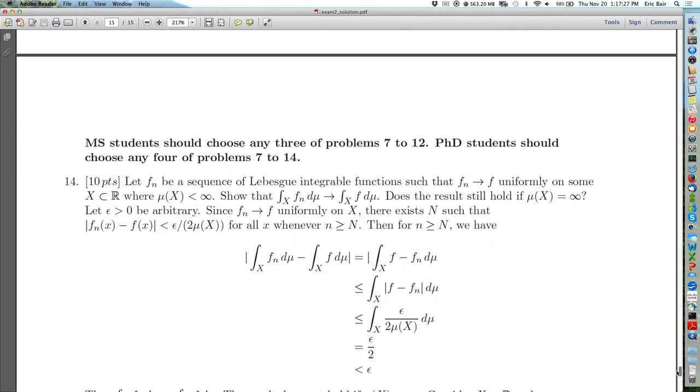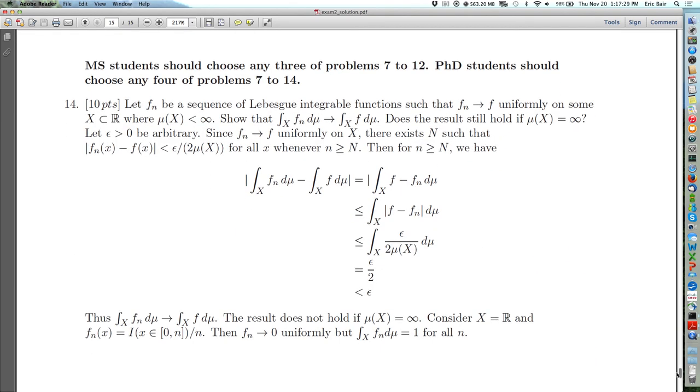Last question. Almost nobody chose this question, and the few who did generally struggled with it a bit. It looks like there's a typo in my answer key. I forgot an absolute value sign here.